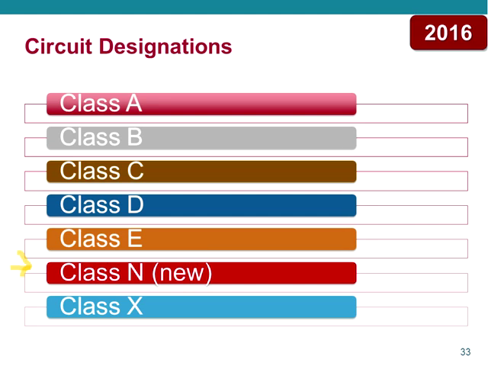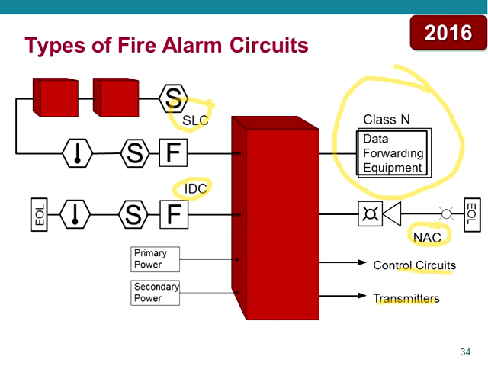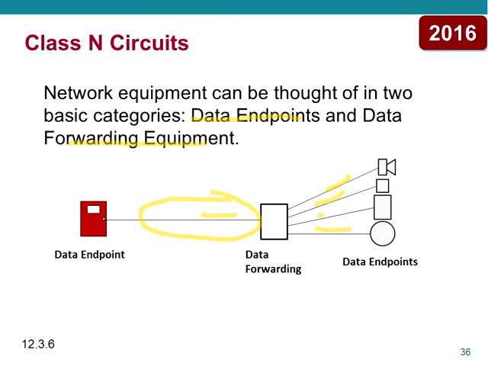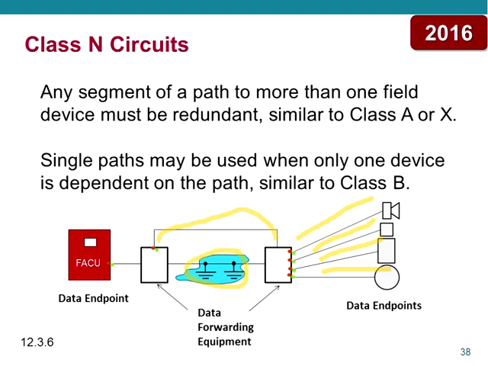The question is, does this Class N require an alternate pathway between two network switches? The answer is yes. This slide clearly shows two network switches, or data forwarding equipment. They're essentially the same thing. I require two pathways.